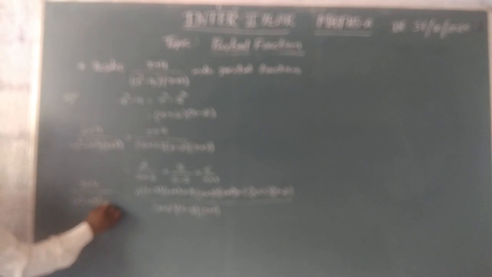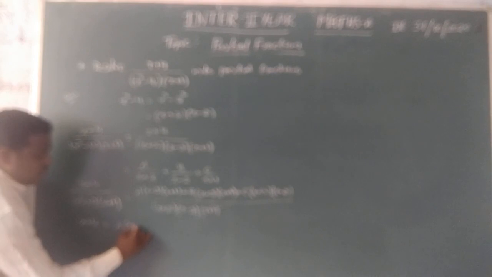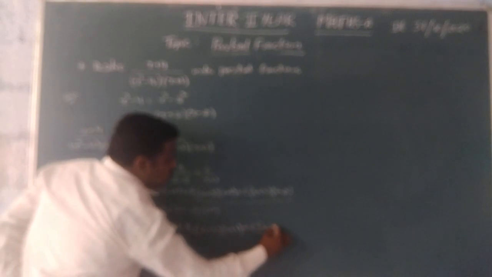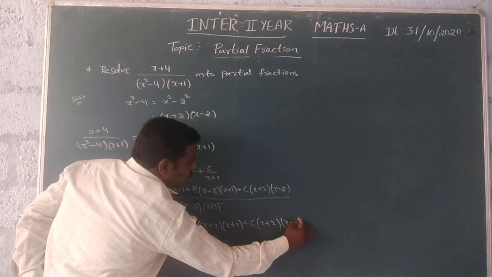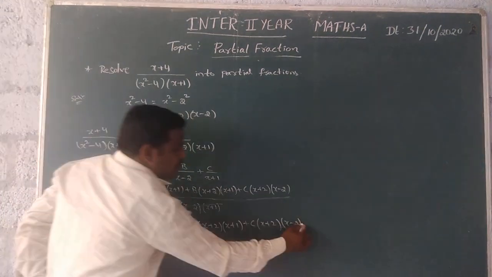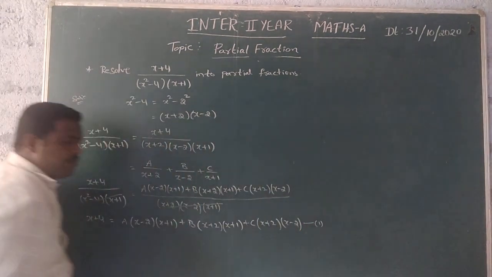The left side term is x plus 4 by x square minus 4 of x plus 1. The denominators on both sides are the same, so they get cancelled. X plus 4 is equal to a of x minus 2 of x plus 1 plus b of x plus 2 of x plus 1 plus c of x plus 2 of x minus 2. This is equation number 1.